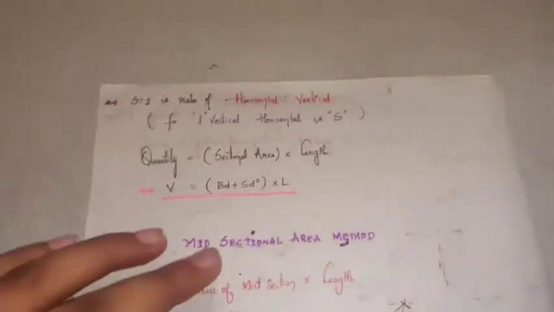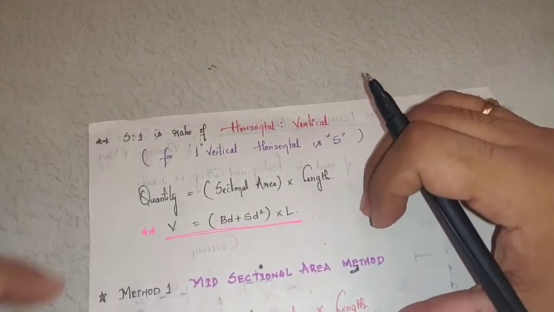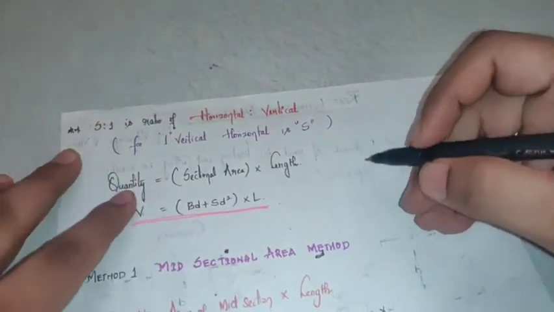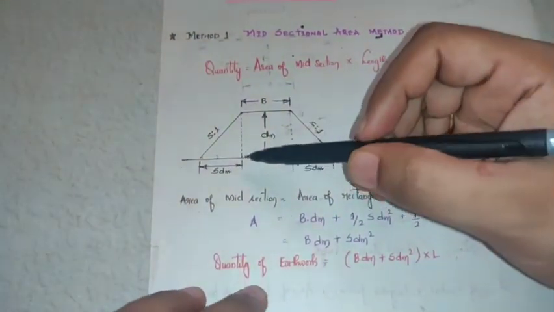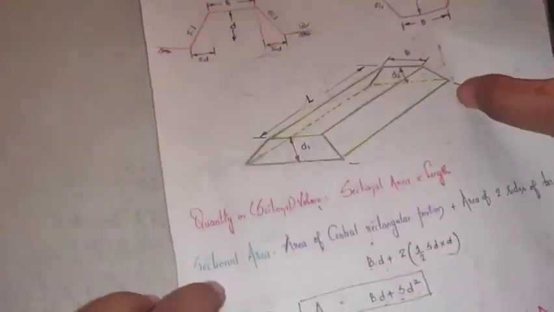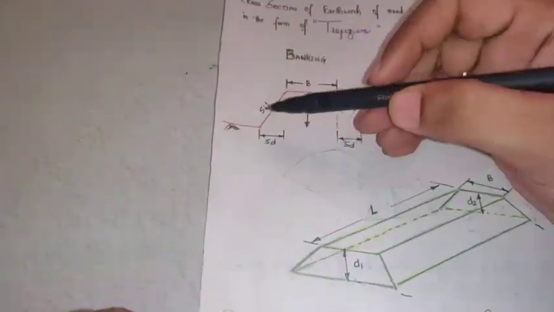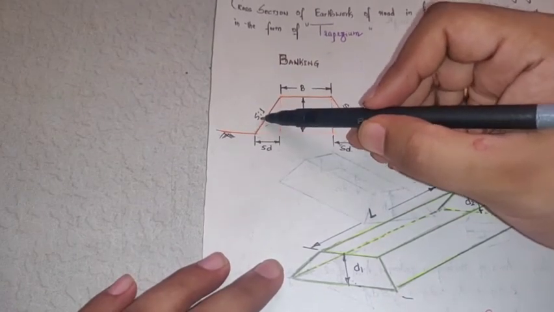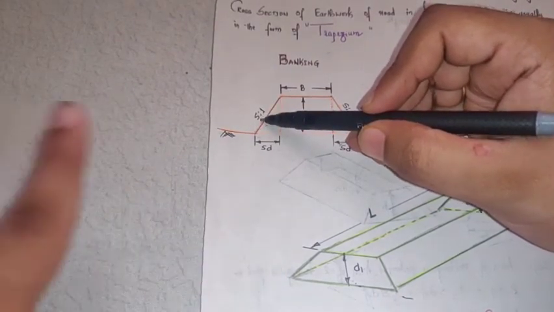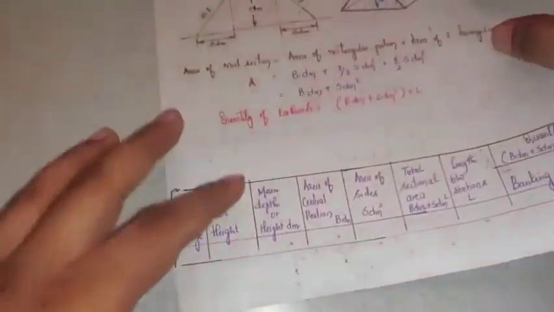Now, so far you might have a confusion. If I take this section, here S is to 1 refers to the slope, where S is the horizontal and 1 is the vertical. For one vertical, S horizontal.